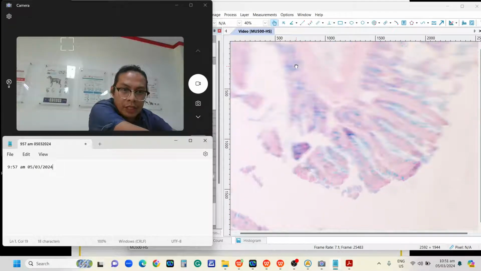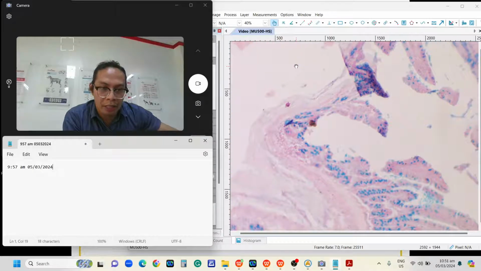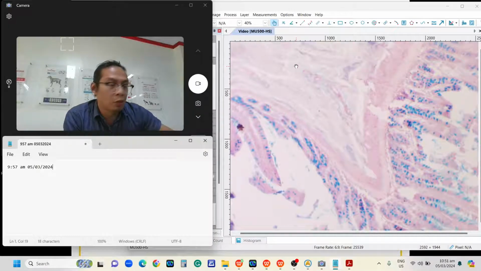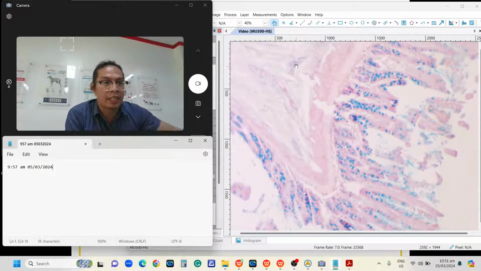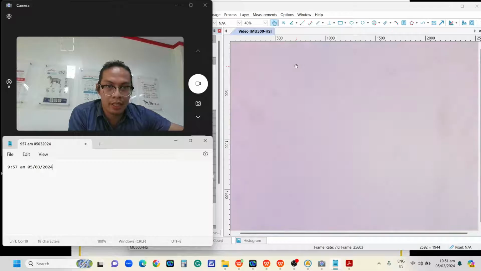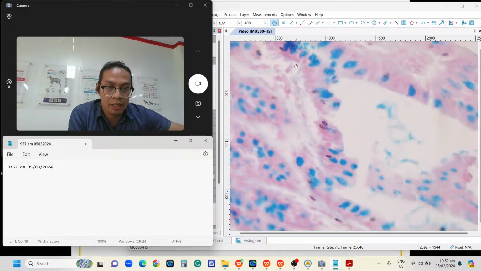So this is a jejunum. Again, nakikita pa rin natin yung epithelia. Now this uses a different type of stain, and nakikita natin na nag-stain ang goblet cells.